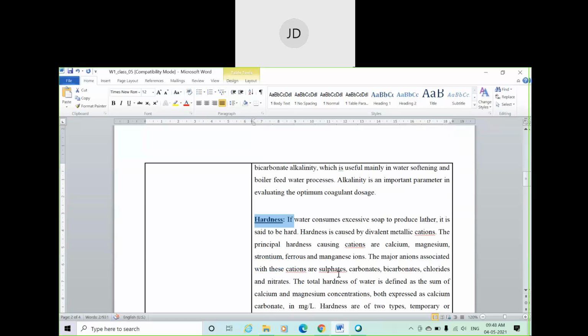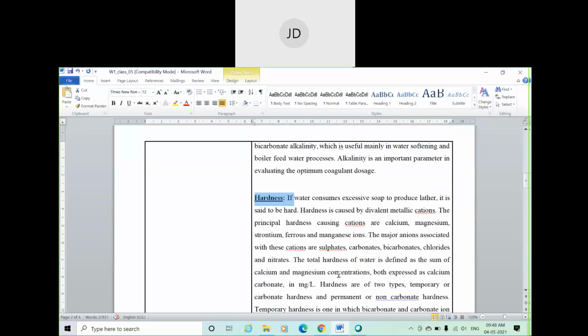So you know what hardness and softness are, or you can say hard water or soft water. It basically depends on the percentage of minerals present in water. I already told you that when a rainwater drop comes from the cloud, it is actually soft water.